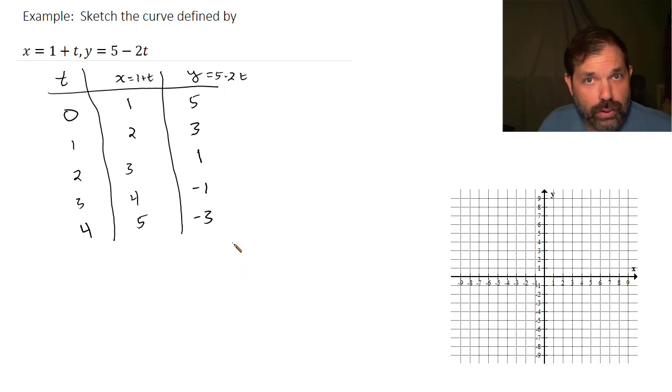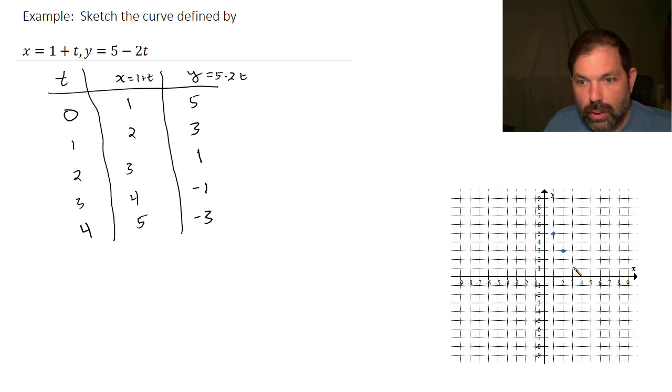Now the points on the curve are x, comma, y. So we plot the points x, comma, y. I'll go ahead and plot these in blue. All right, so I've got the point 1, 5. Then I've got the point 2, 3.